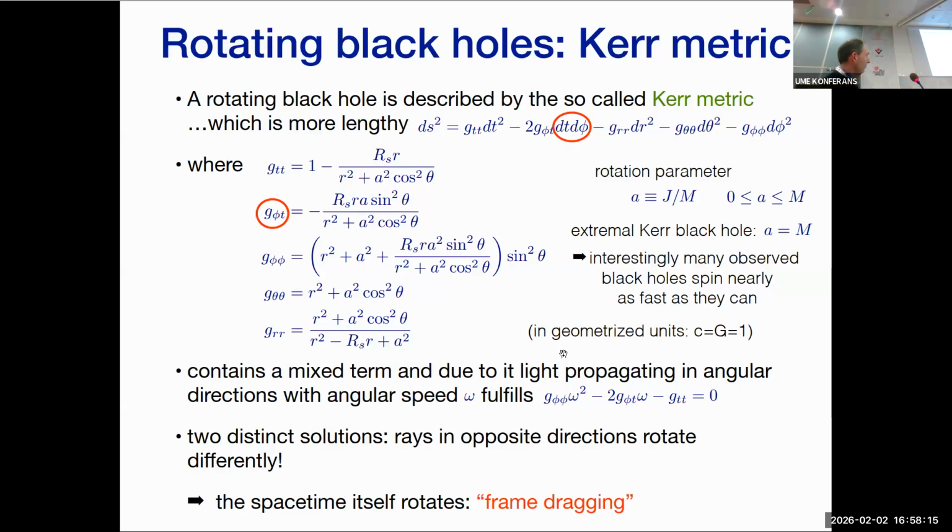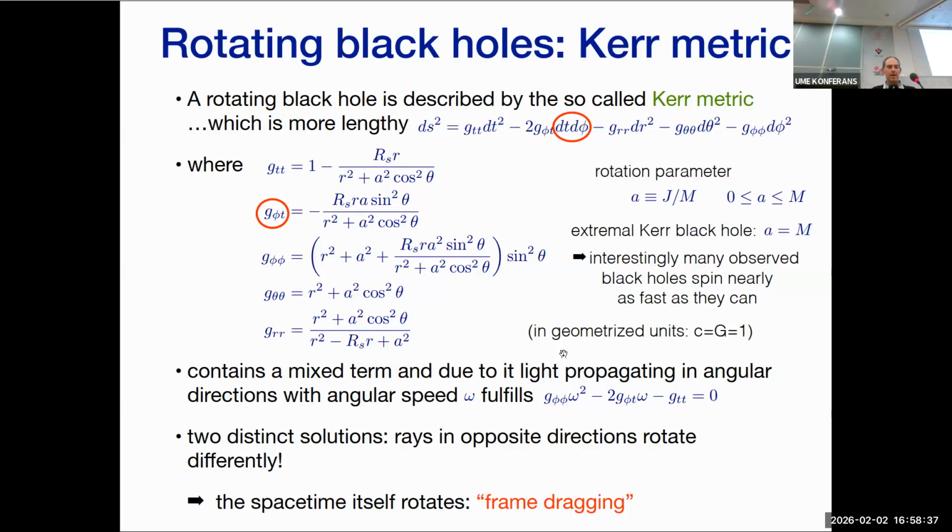What you get here, because of this term, is two distinct solutions. That means that a light ray goes with a different angular speed this way than the other way. So the only way to reconcile this, surely, with the speed of light is that the entire space-time around that object rotates.